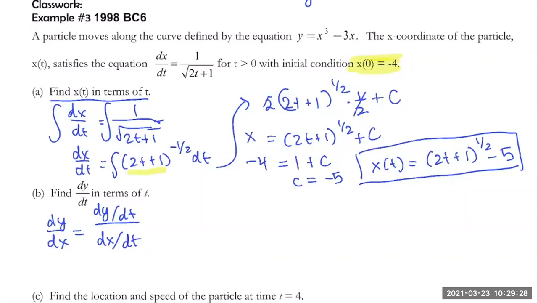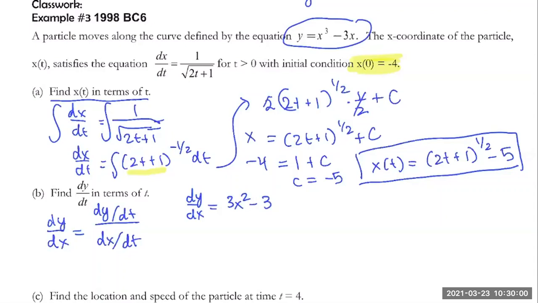Okay, what do we have here? There's two things we have. For sure we have dx/dt, so we can plug in what dx/dt is. Someone made the leap to say we also have dy/dx. So we have y as a function of x. We can certainly find dy/dx by simply taking the derivative of that. So I'll write this out. dy/dx is equal to, in this case, 3x squared minus 3.